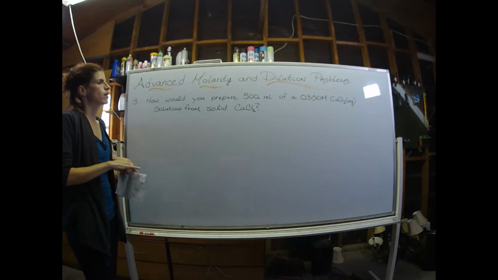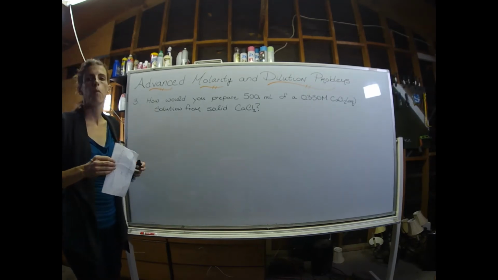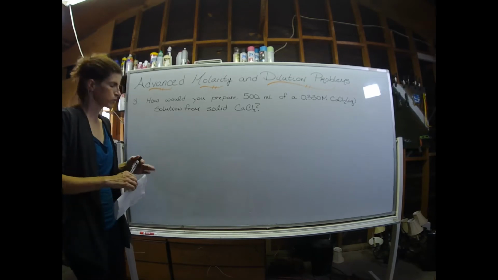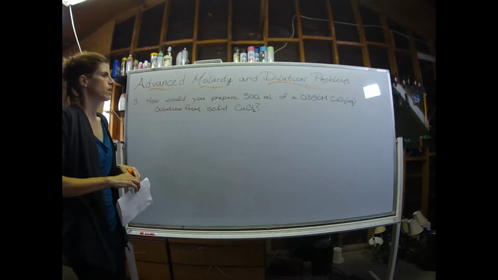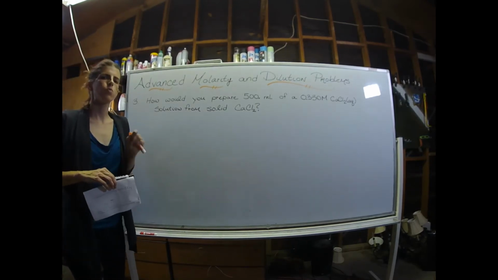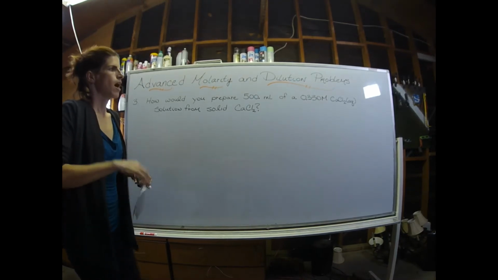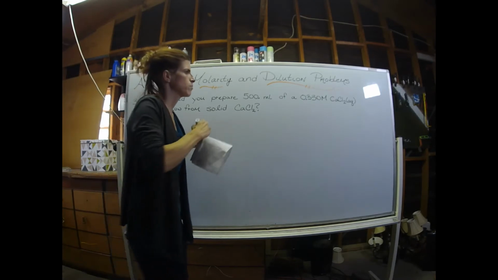How would you prepare 500 milliliters of a 0.330 molar calcium chloride solution from solid calcium chloride? The first thing we need to figure out is what mass of the solid calcium chloride do we need? I'm going to use the conversion factor approach.